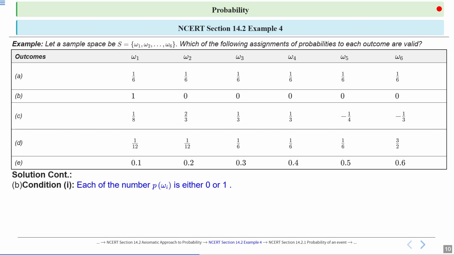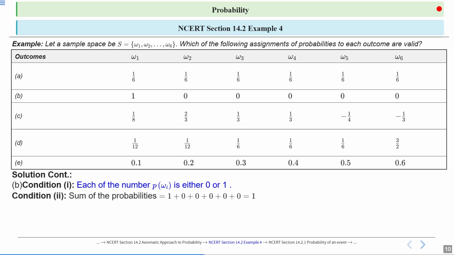So each number P of omega i is either 0 or 1, and each P of omega i is greater than or equal to 0 and less than or equal to 1. So it satisfies condition 1.